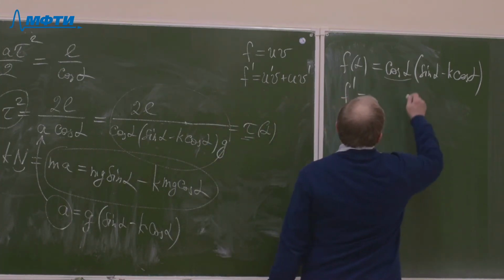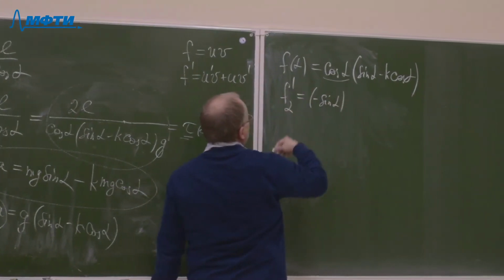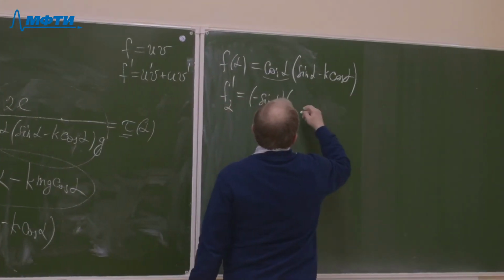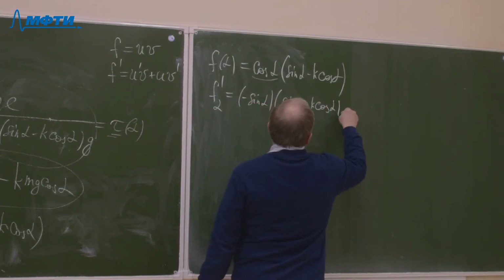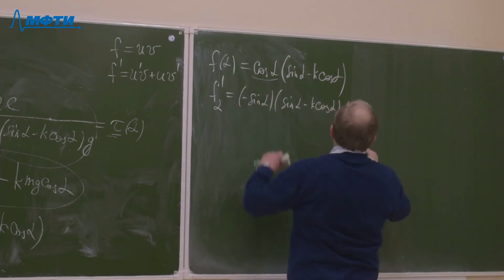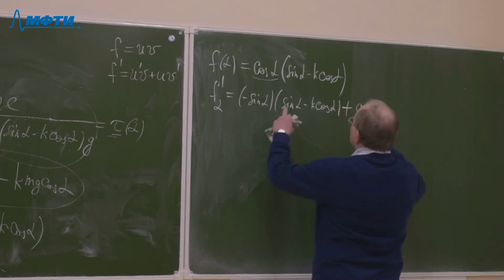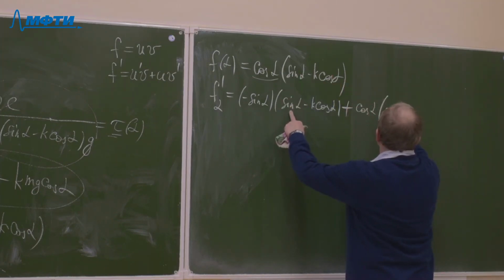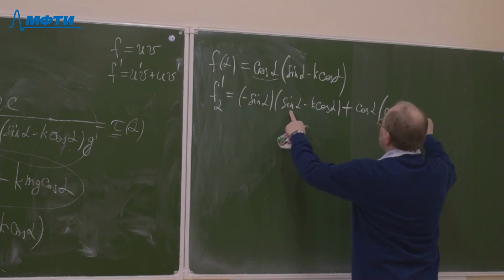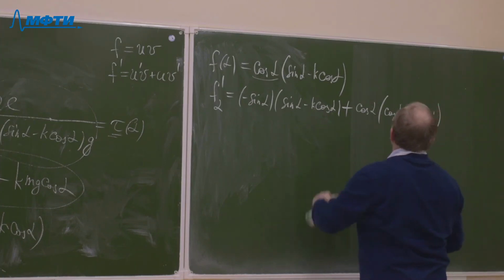So when I take the derivative of the cosine, that will be minus sine alpha. I take the derivative, and the second round bracket remains unchanged. Plus, now the first factor remains unchanged, cosine alpha, and the derivative of the round brackets. Derivative of sine is cosine minus k, and derivative of cosine is minus sine. So that will be plus sine alpha.